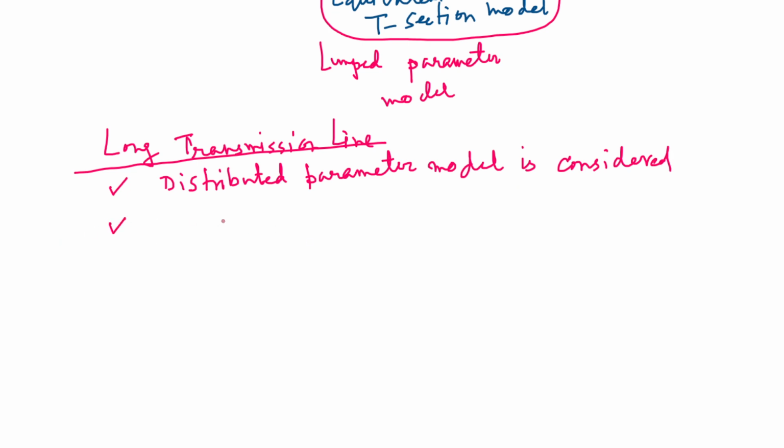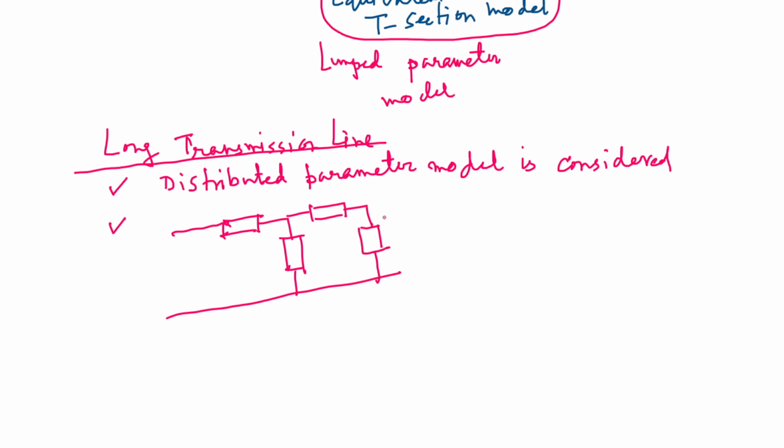What is the distributed parameter model? The impedance and the admittance are distributed along the entire length of the transmission line. This is called distributed parameter.